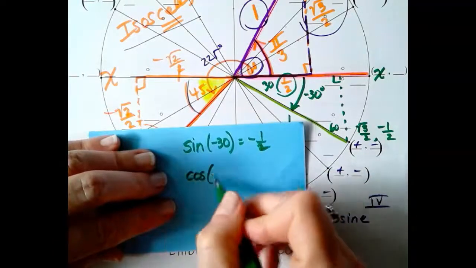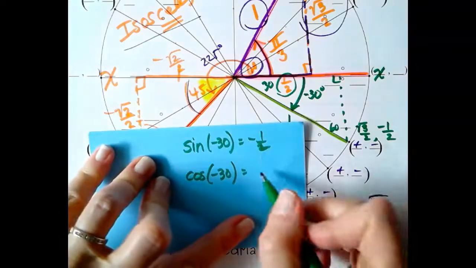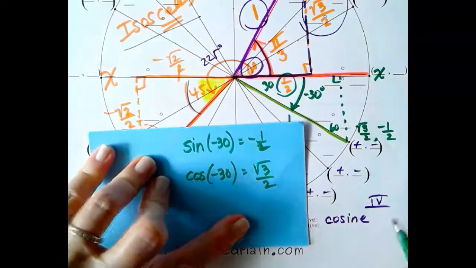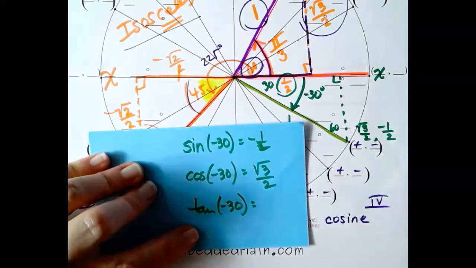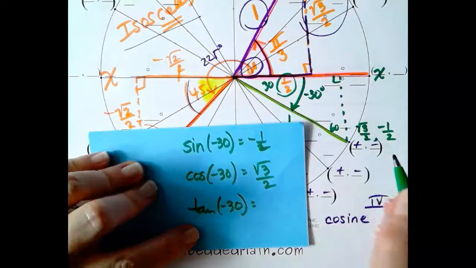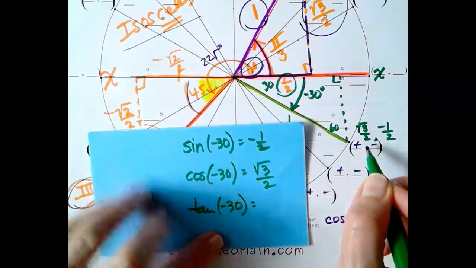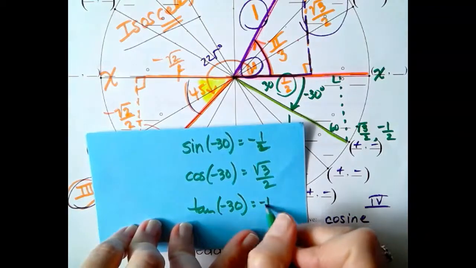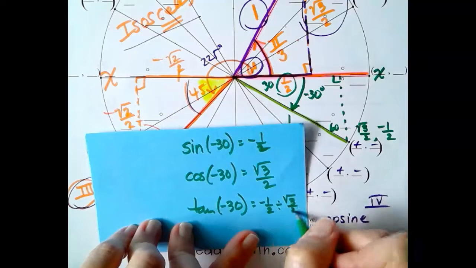My cosine of negative 30 is going to be my x-coordinate, which is positive root 3 over 2. My tangent of negative 30 is going to be opposite over adjacent, so that's negative 1/2 divided by root 3 over 2.